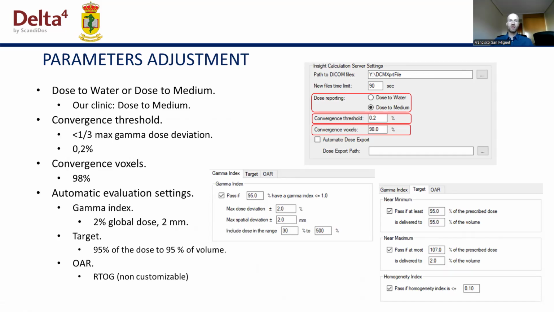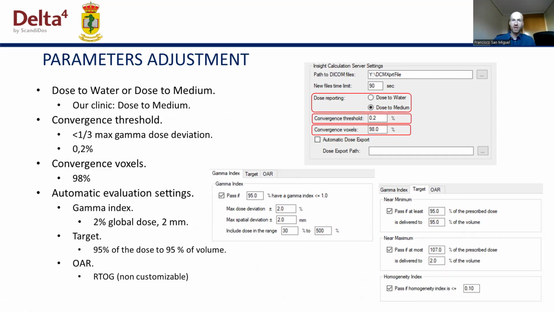Normalization can be either to the prescribed dose or to the maximum dose obtained in the calculation. In our department, we always normalize to the prescribed dose, as we find that the other option makes the criteria too lenient.